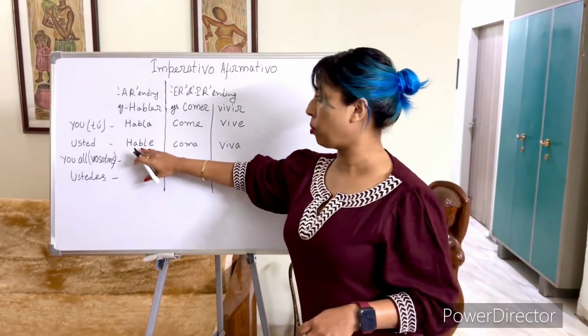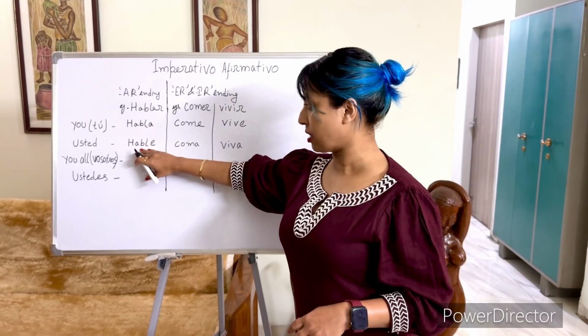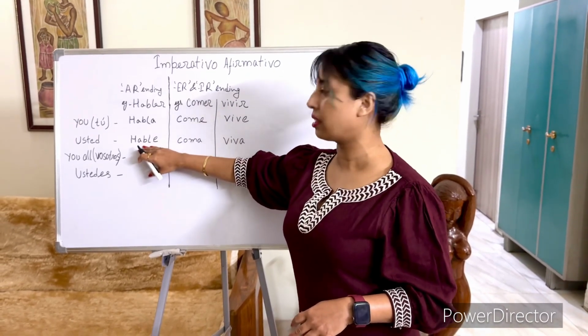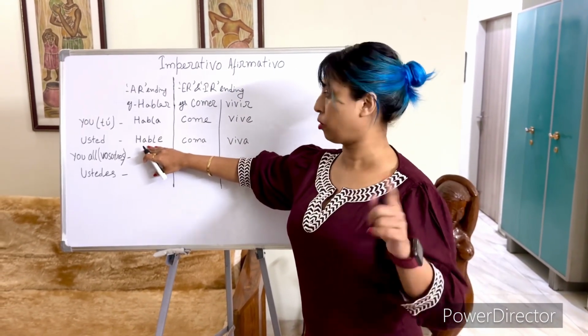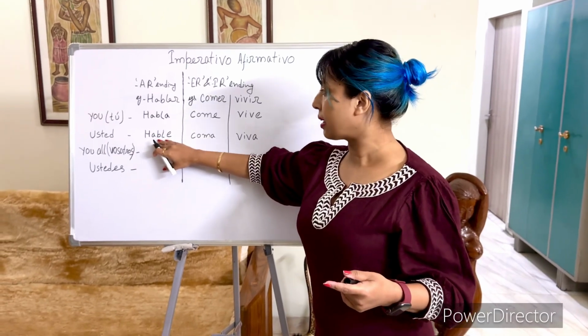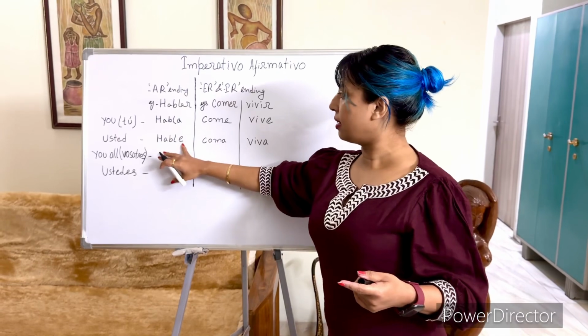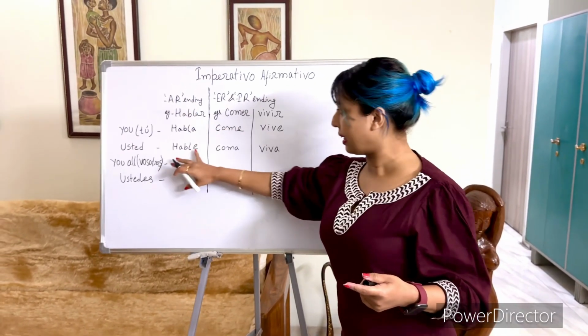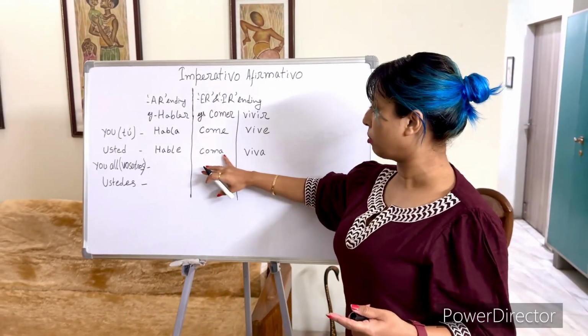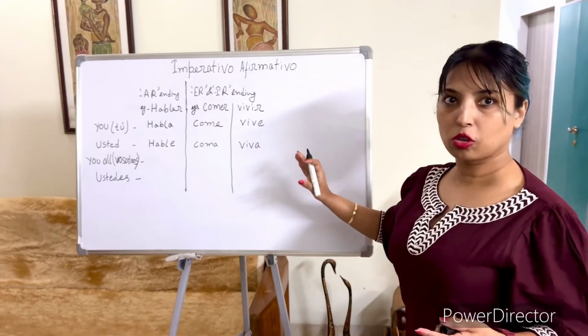So you are supposed to take the yo form conjugation from the simple present tense, and then replace the last O with E for an AR ending verb, and with A for an ER and IR ending verb.